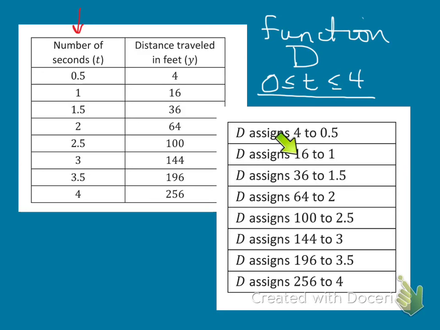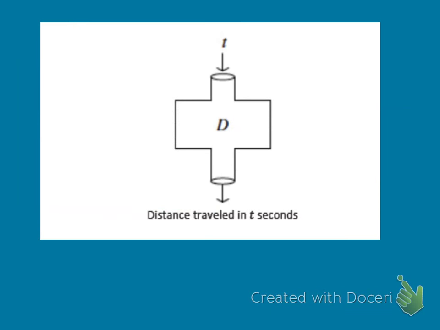It assigns 16 to 1, 36 to 1.5, and so on. So we can think of it as an assignment. It assigns some value to each input of time.